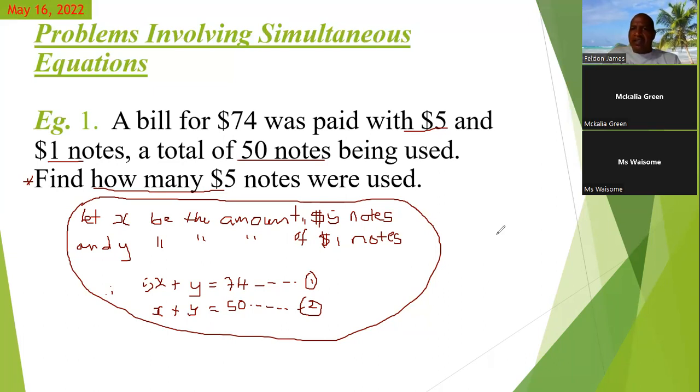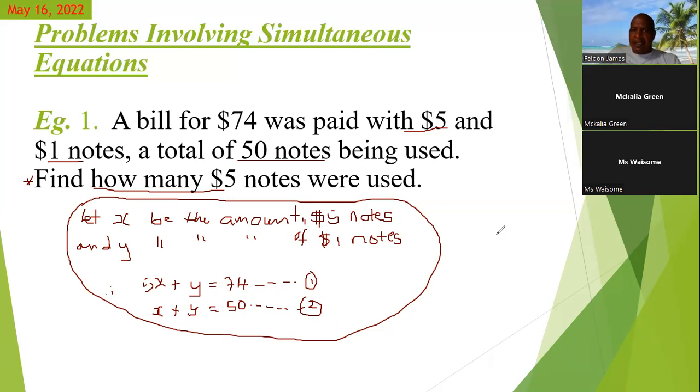But you're not going to assume that they have the same amount. So in this case, you can say, let x be the amount of $5 notes and let y be the amount of $1 notes. Since the amount of $1 notes is different from the amount of $5 notes, you use a different letter to represent the amount of $1 notes.